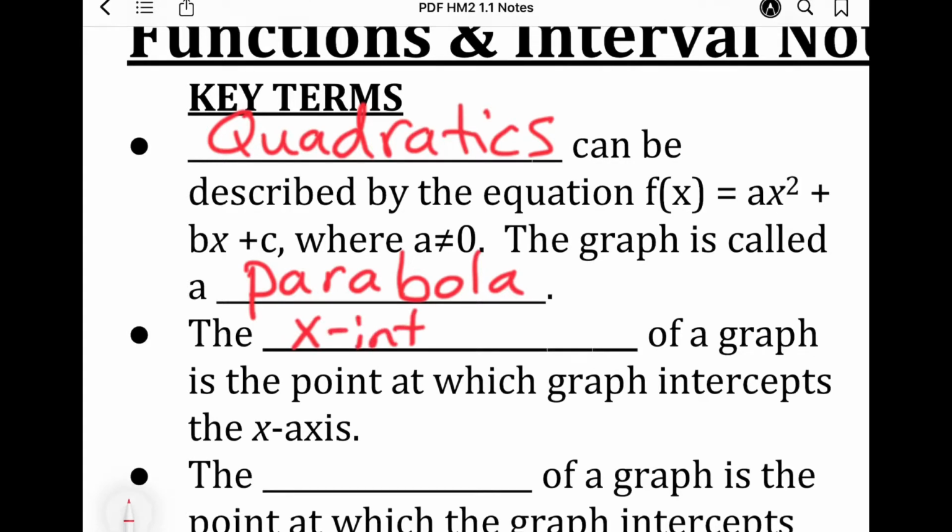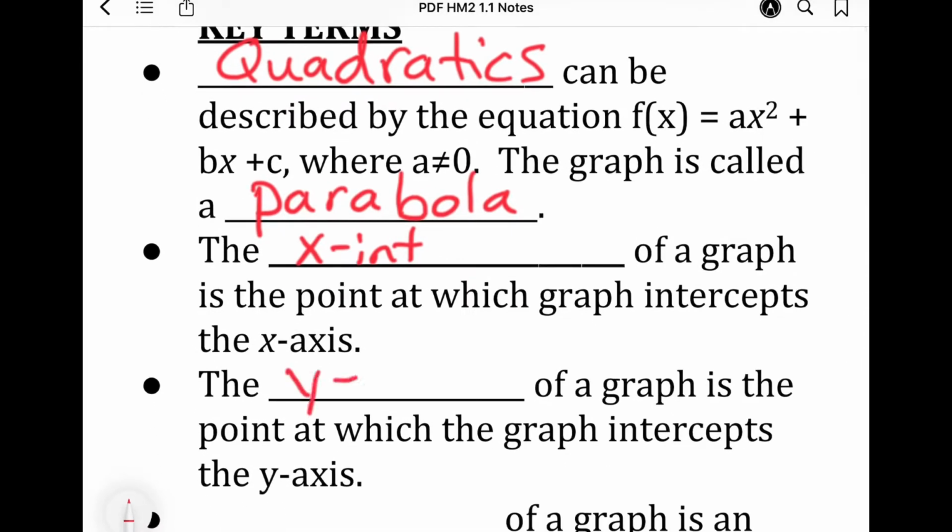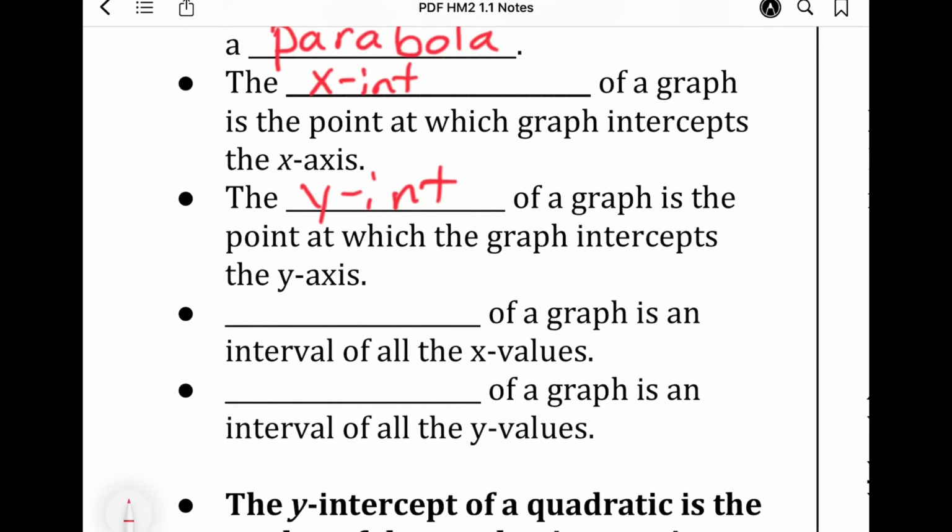The x-intercept, or just x-int, of a graph is the point at which the graph intersects the x-axis. The y-intercept, or the y-int, of a graph is the point at which the graph intersects the y-axis.